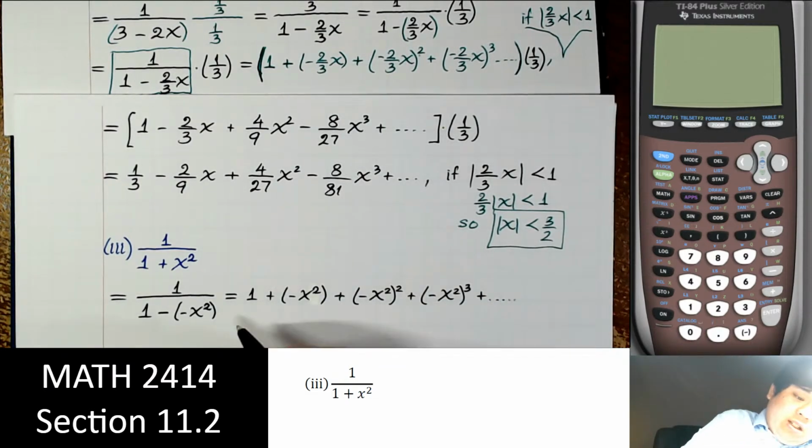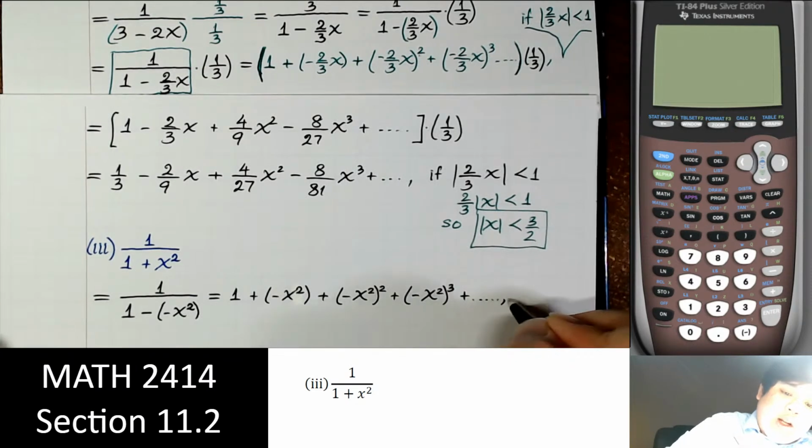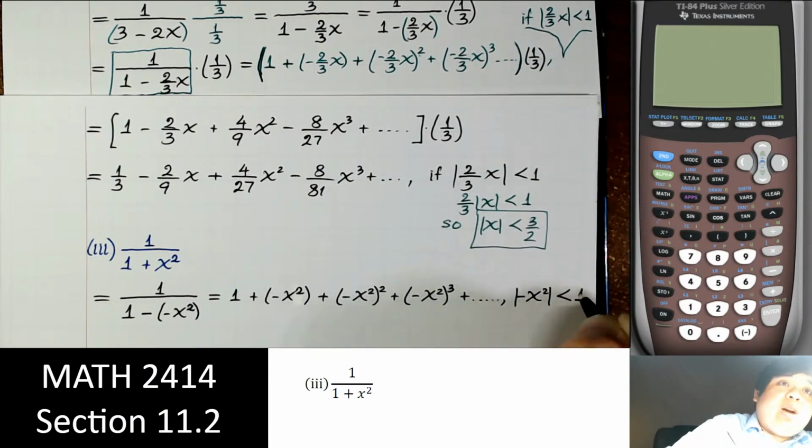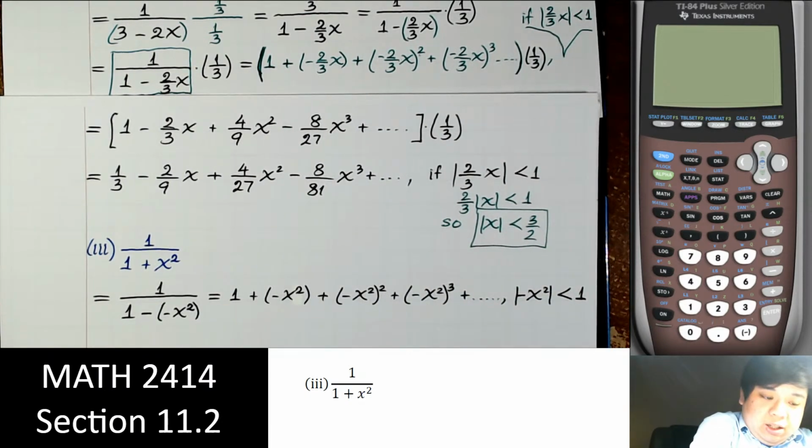Just keep doing that, and once again, whatever that something is, has to be less than 1 for it to be convergent.